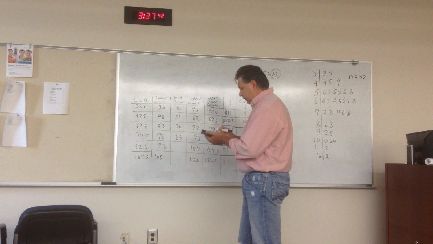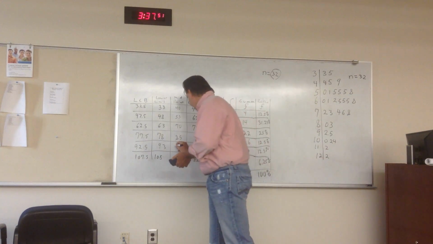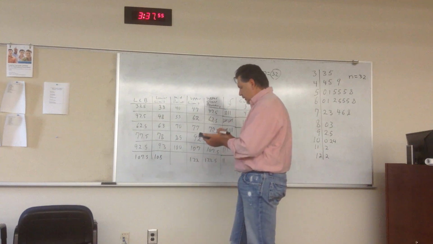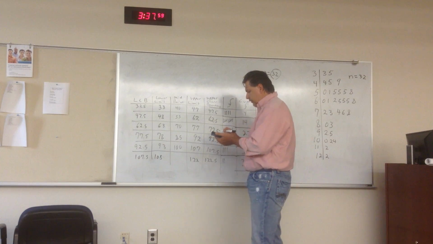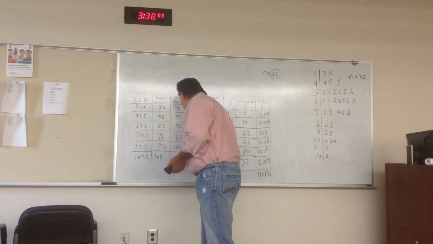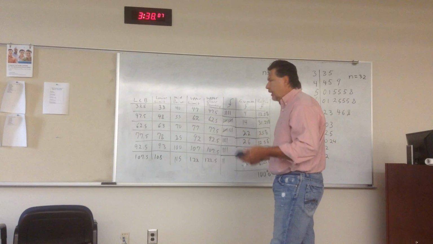Then 93 plus 107 is 200. Divide that by 2, which is 100. Now 108 plus 122 is 230 divided by 2, gives me a value of 115. So now I've finished my distribution table.